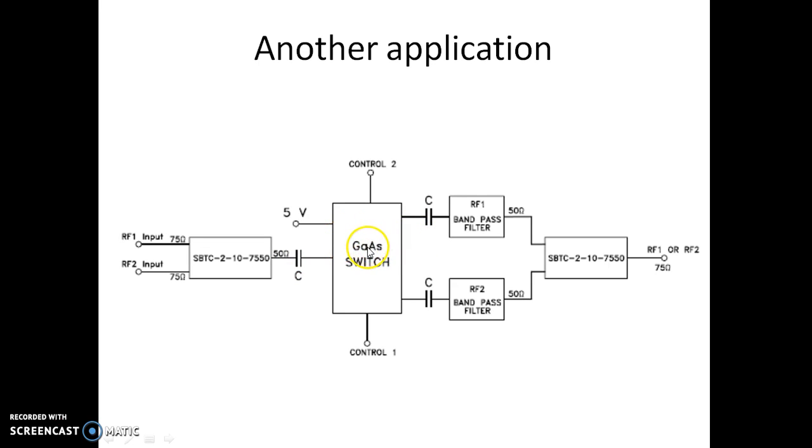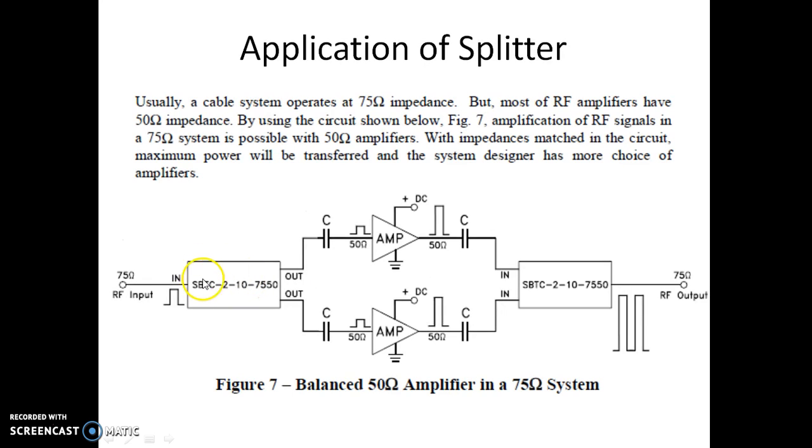Now this is a gallium arsenide switch of 50 ohm, so this should be perfectly matched with this one, and this is again a 50 ohm band pass filter which should match with the 50 ohm combiner here. Of course we are using this as a combiner in both these cases, but in the previous example we used this as a splitter, and the same can be used as a combiner here. This way we are able to use the splitters and combiners in RF circuit applications.